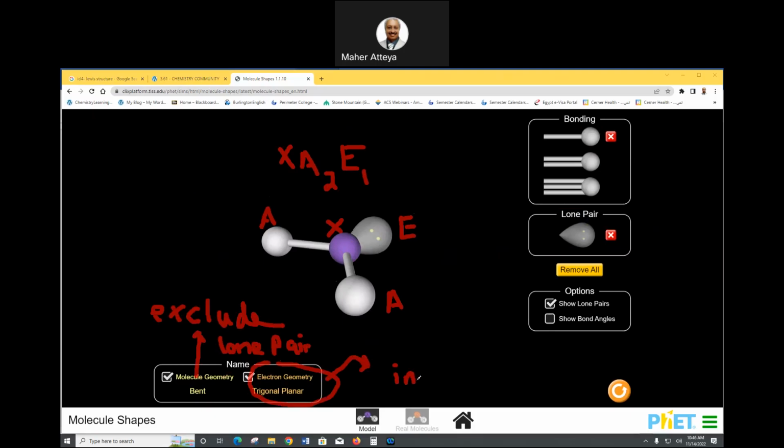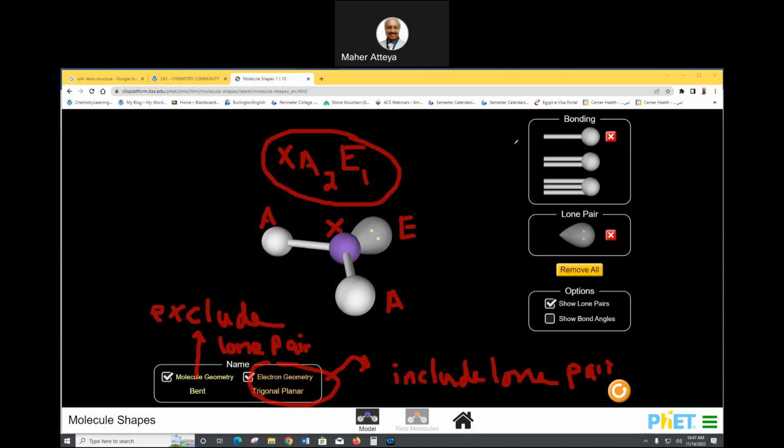With the electron geometry, you say the opposite: include the lone pair. When I include the lone pair, the code is still the same thing, correct? That's the code for the whole molecule, XA2E1.